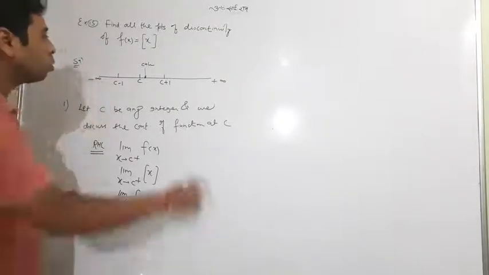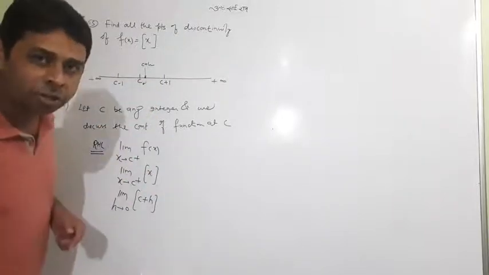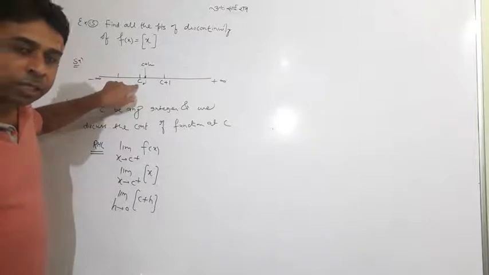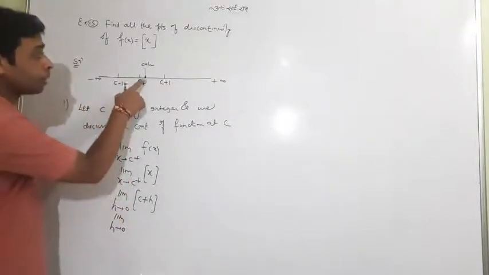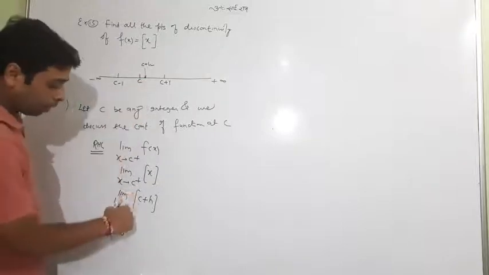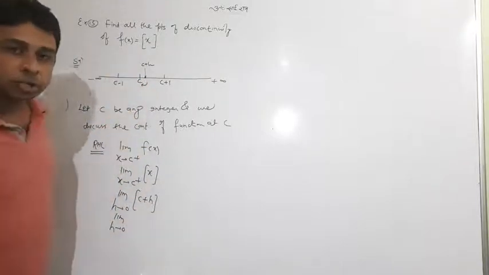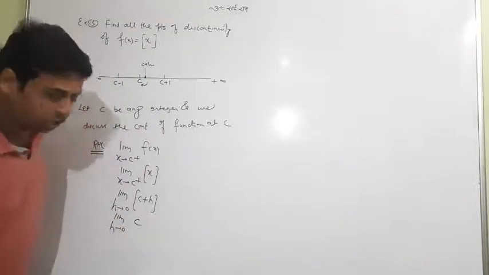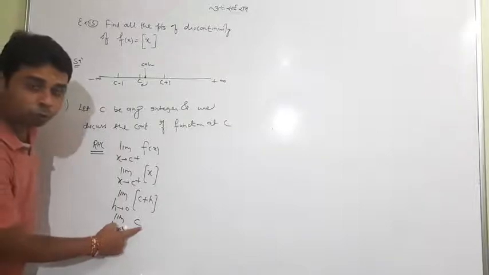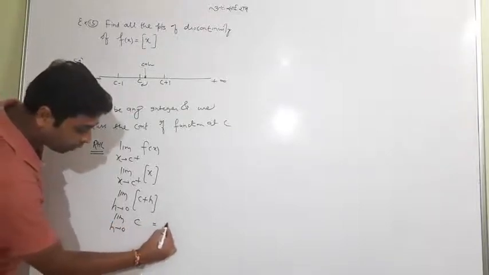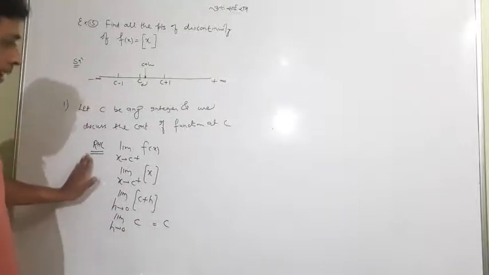It gives its nearest and less integer, which is c itself. So when the integer function applies on c plus h, it gives the nearest and less integer, which is c. It is independent of h. When you put h equal to 0, it gives again c, because there is no h. So this is the right hand limit.